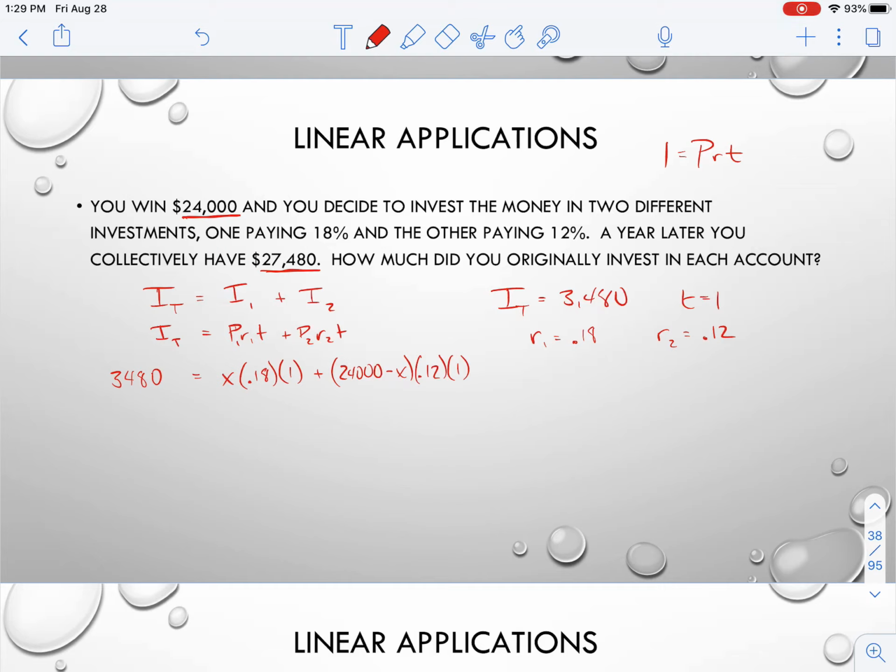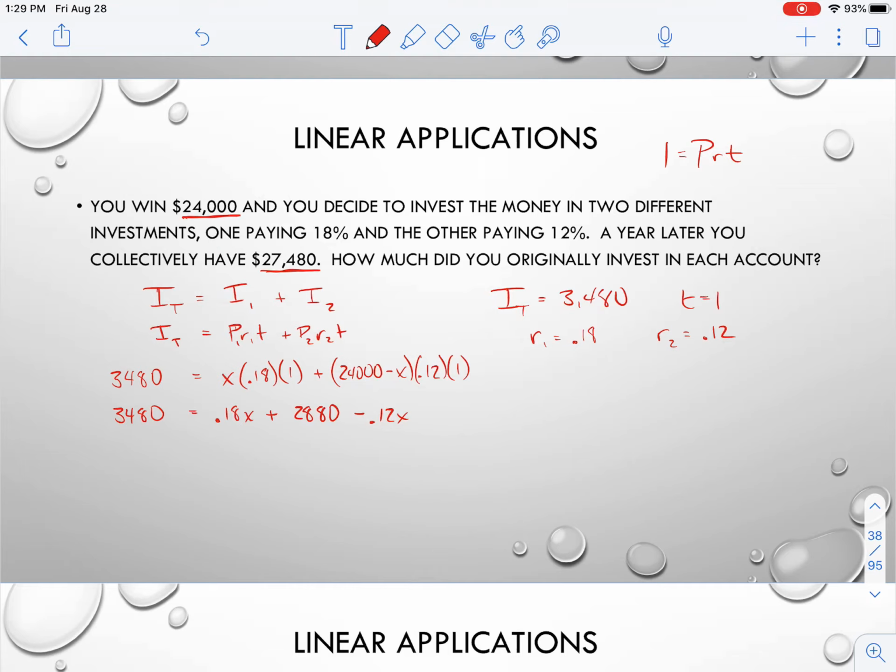So I want to distribute and simplify. So I'm going to have 3480 equals 0.18x plus 2,880 minus 0.12x. So I'll combine like terms.